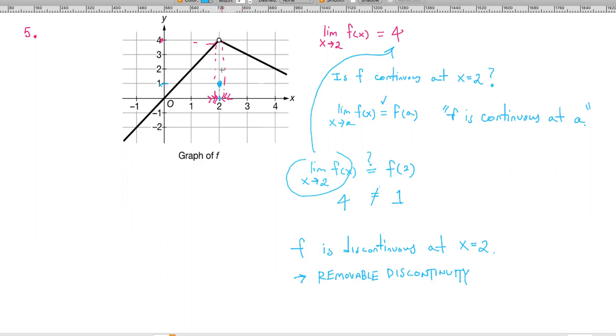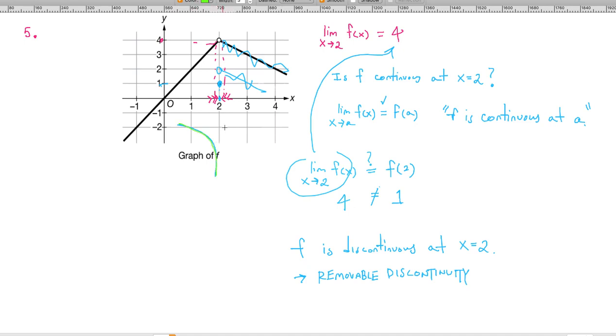Okay, if it were something like this, if this were f of x and this were here, that'd be a jump discontinuity, if f of x is this blue line. And then the infinite discontinuity looks like this.